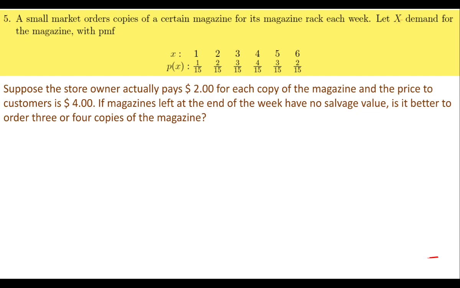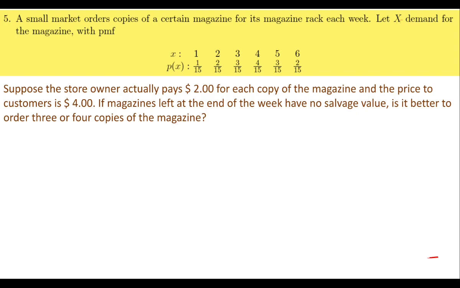If a magazine left at the end of the week has no value, what is better? Should he order 3 copies or should he order 4 copies? Whenever such a question comes, you need to see the average profit, and whenever the word average comes, it is related to expectation.